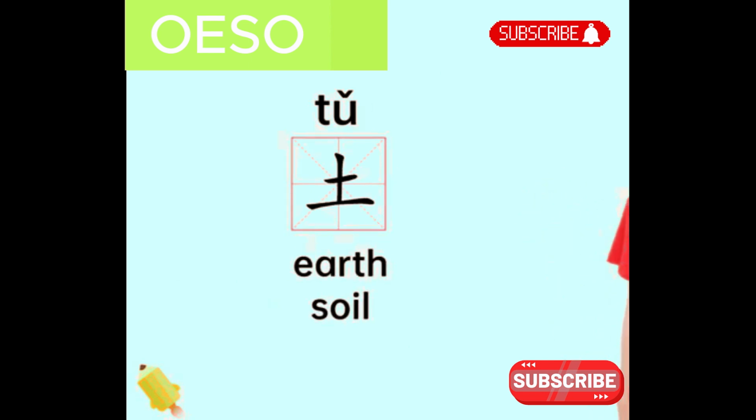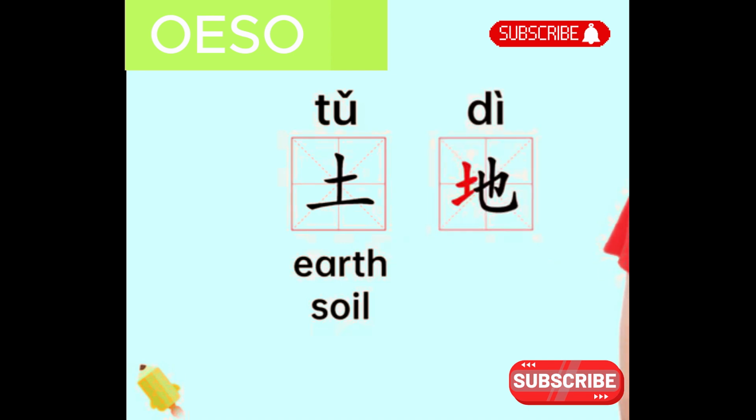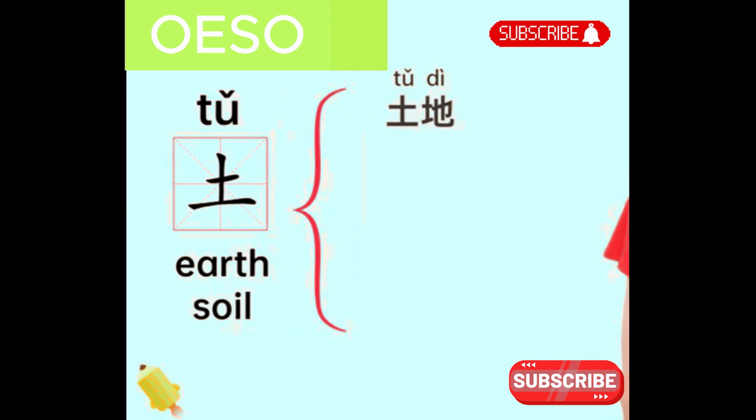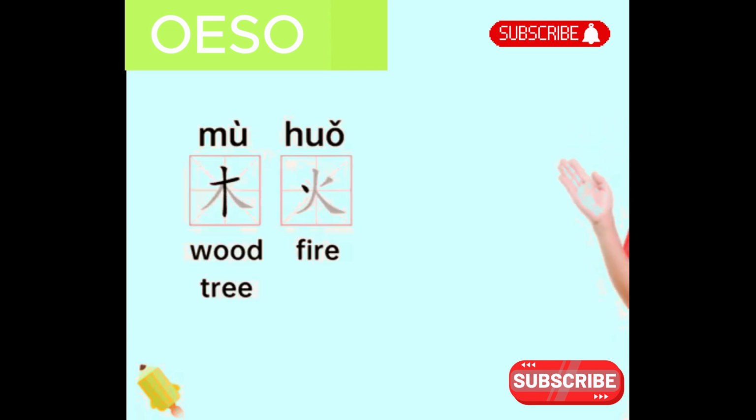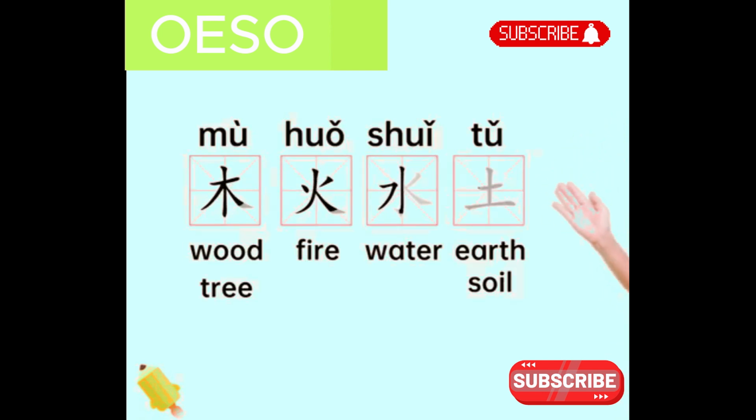It is also a radical to make characters related to earth, like 地, ground. Then we have words like 土地 for land. We also have 泥土 for mud or clay. Let's check this group of nature characters. 木, 火, 水, 土. Now we will learn the last group.